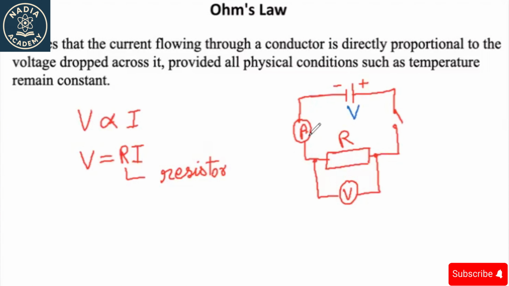And this ammeter must always be in series, and its own resistance must be pretty small, because otherwise it will restrict your current flow through the circuit.